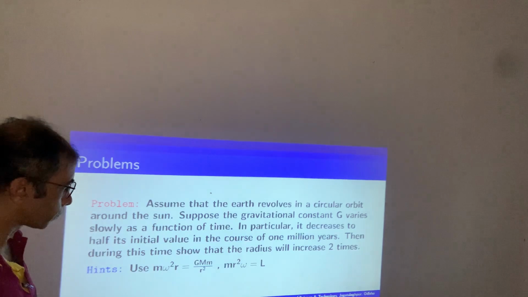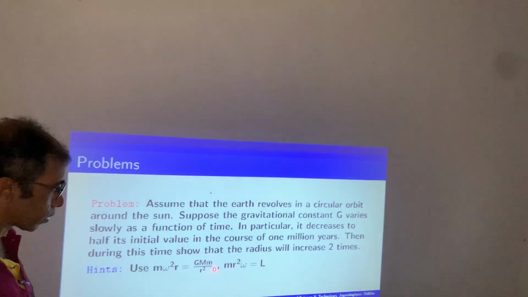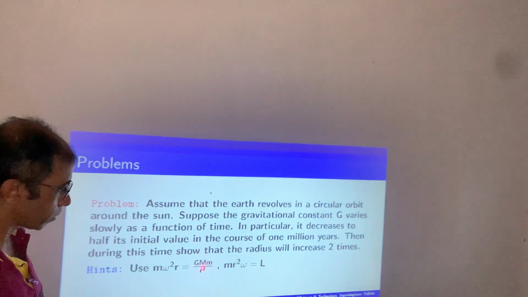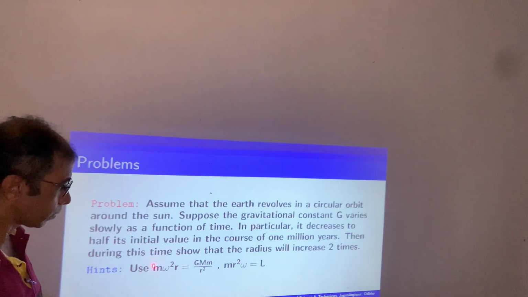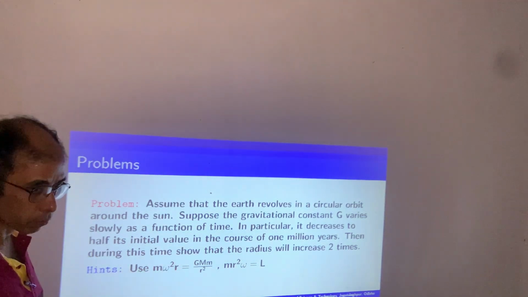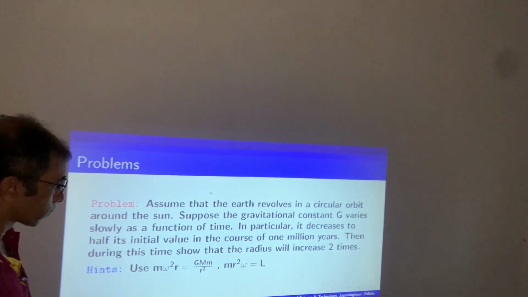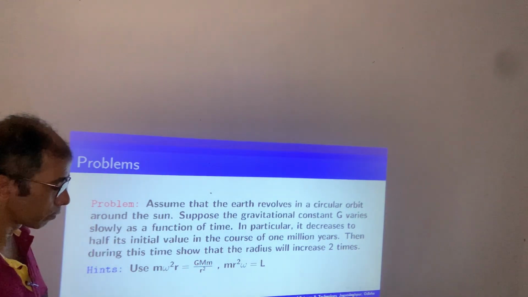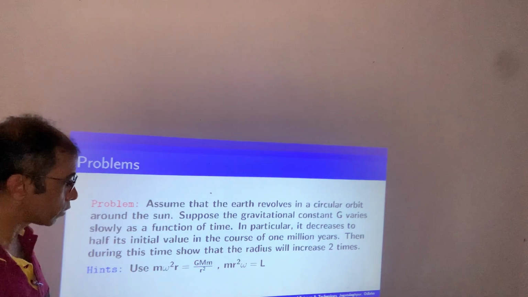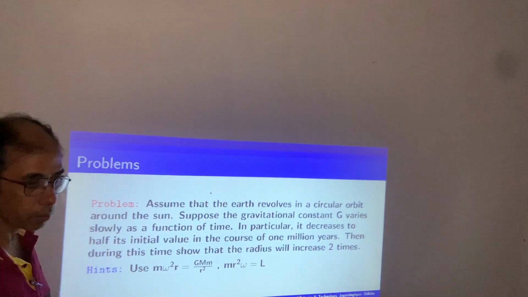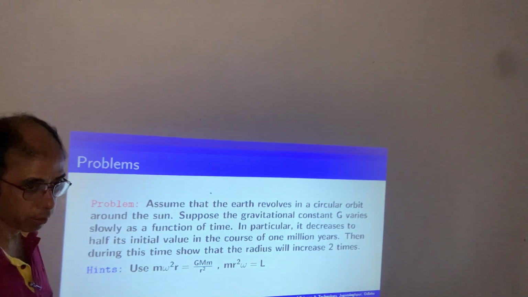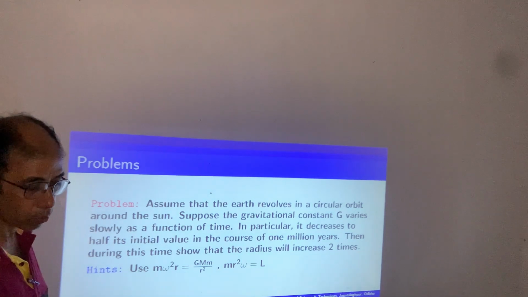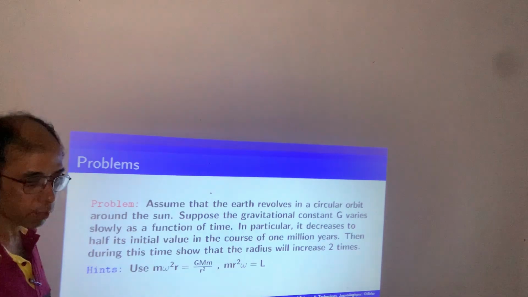Here we have to just think that this is my gravitational force, GMu/r squared, and this gravitational force is actually the centripetal force. So the gravitational force is changing because G is changing, but there is no torque acting on the system because force and distance are in the same direction.